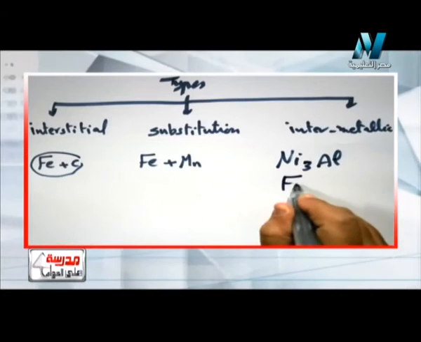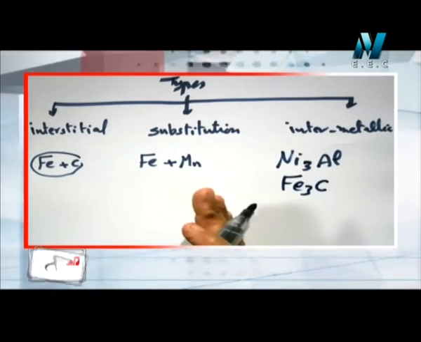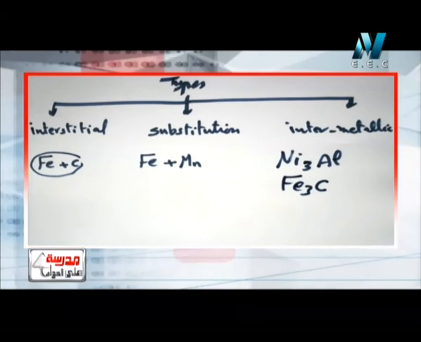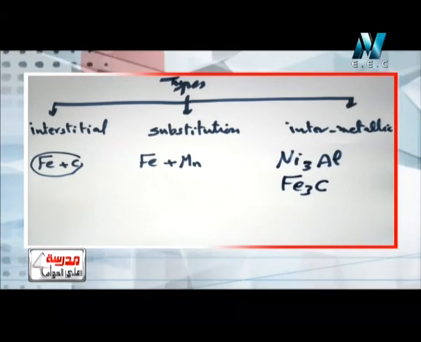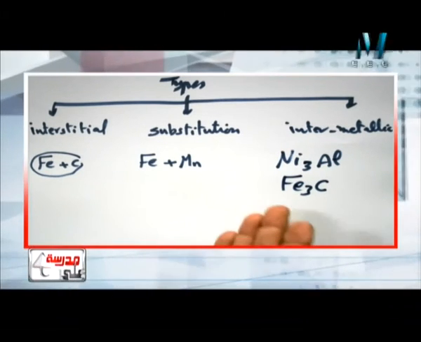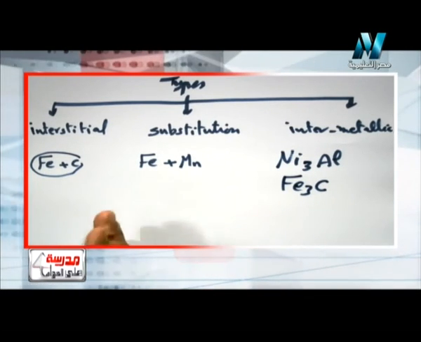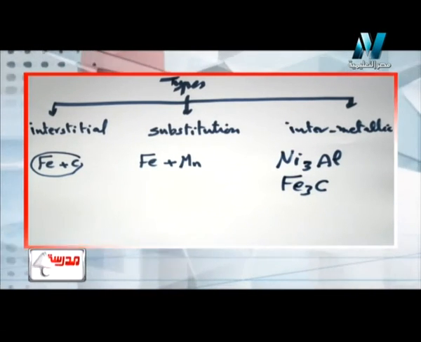Cementite, Fe3C: iron is a transition element while carbon is not. This is called intermetallic, and they don't obey the rule of valency.